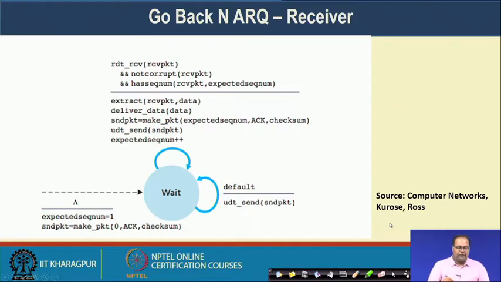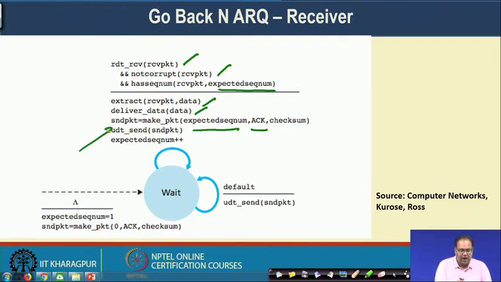Now, similarly at the receiver side, whenever it is receiving a packet, the packet is not corrupted and it has the sequence number which is equal to the expected sequence number, you extract the packet, deliver the data to the application, construct an acknowledgement with the expected sequence number, use the unreliable channel at the network layer to transfer the packet, and increment your expected sequence number.